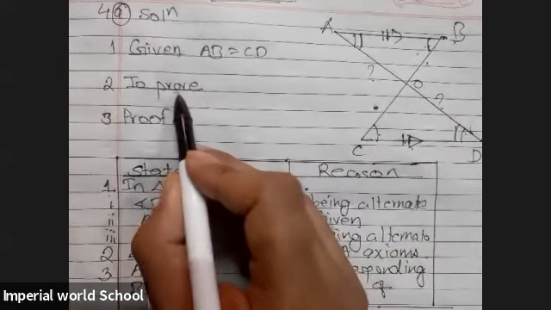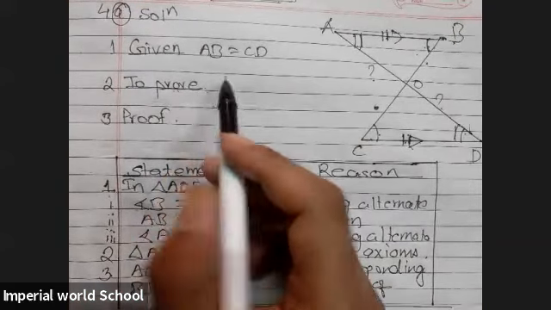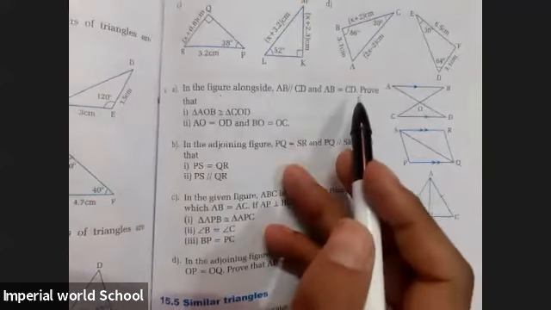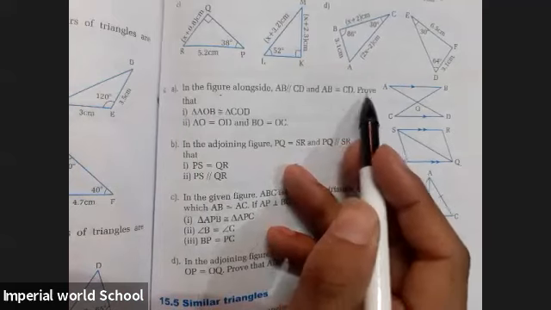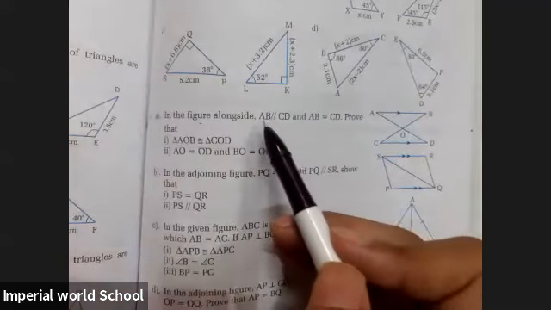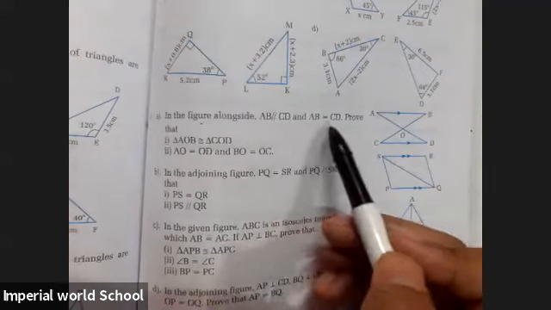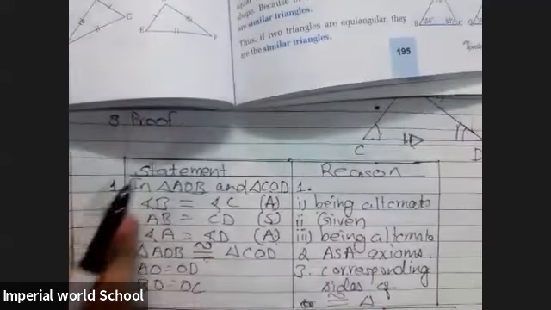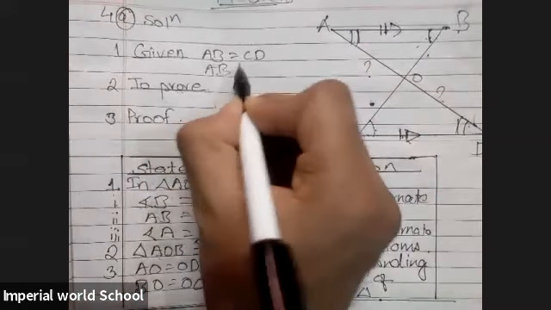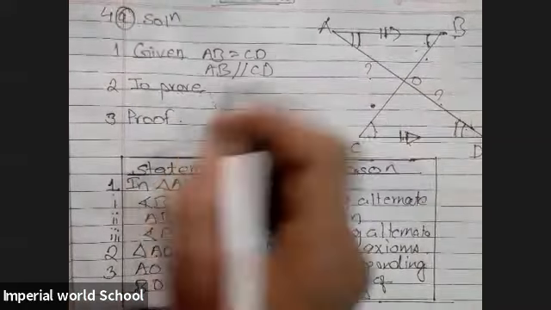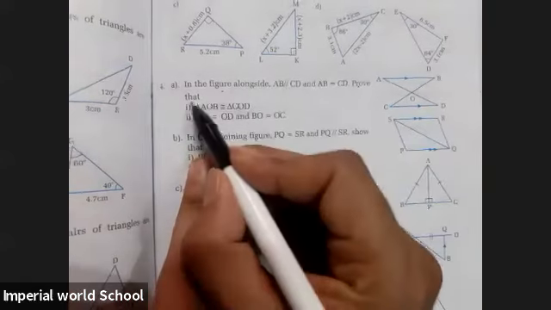I haven't written here what to write in "to prove". You might have trouble. Okay, so it's a very technical thing. Always remember, till the word "prove", everything becomes given. So in given I just copy paste whatever has been given. So AB parallel to CD, AB equals CD, I will write in this given section. I forgot to write here AB parallel to CD. And in "to prove" you have to copy the same thing from the question, like "prove that".